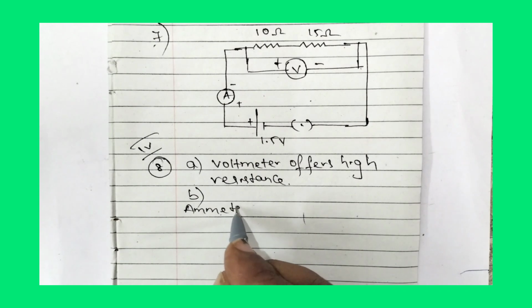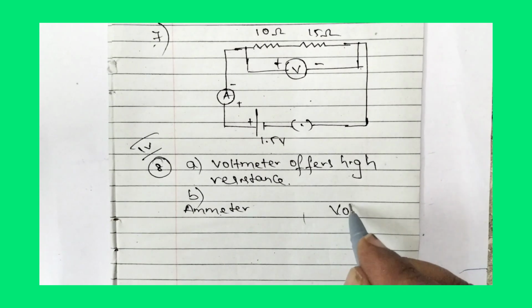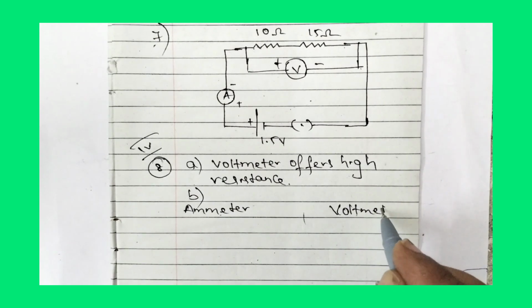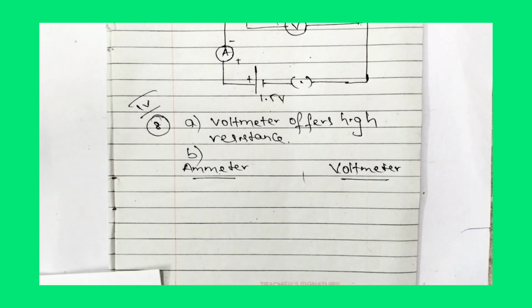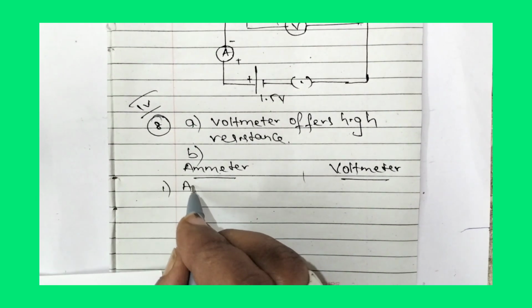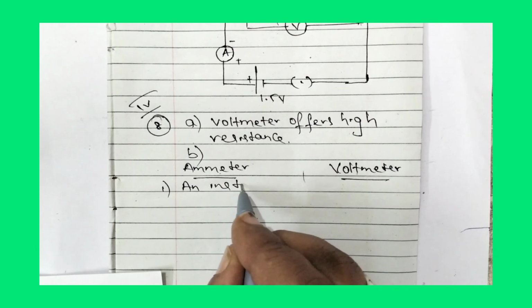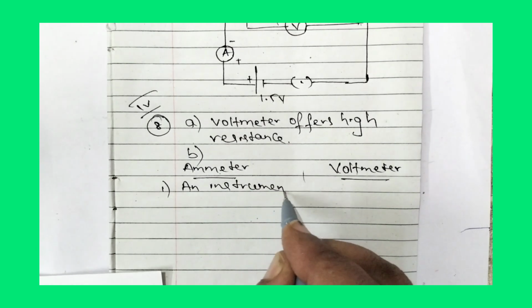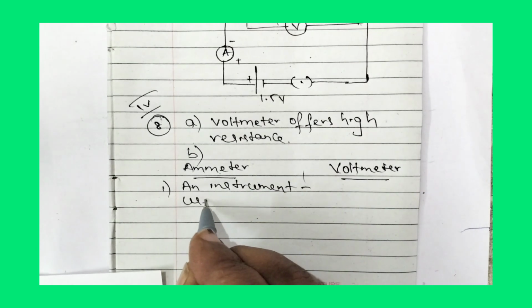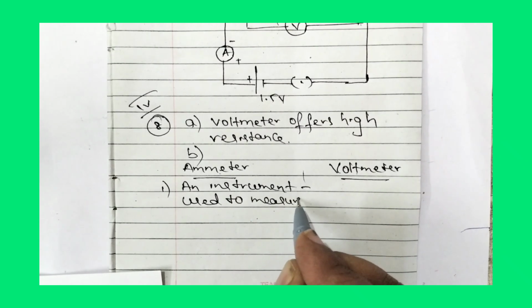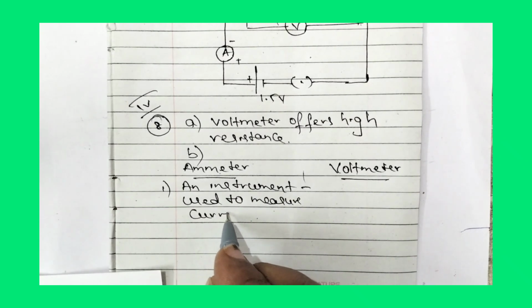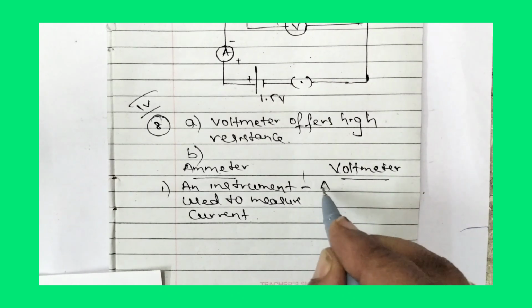On one side let us write ammeter, on the other side let us write voltmeter. An ammeter is an instrument used to measure current.